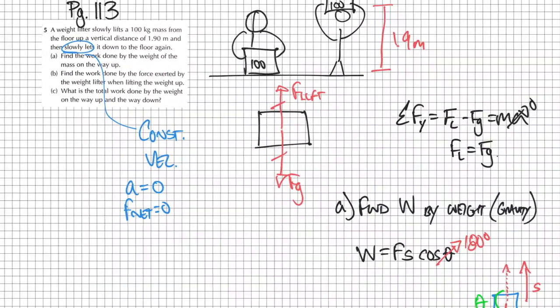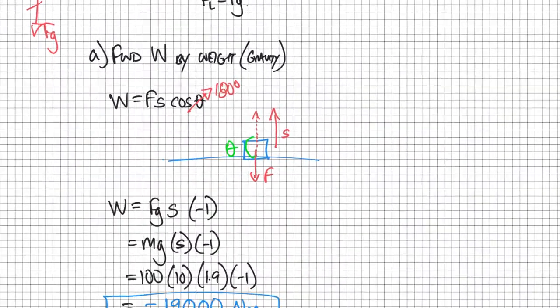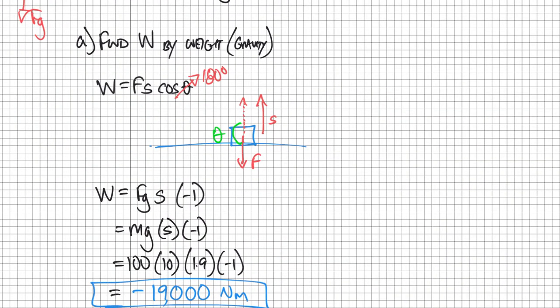The second part says find the work done by the force exerted by the weightlifter when lifting the weight. Well, from what we said earlier, we know the force is going to be the same. Our displacement is going to be the same. So we'll find the work by the lifter. That's going to be work equals force times displacement times cosine of theta.